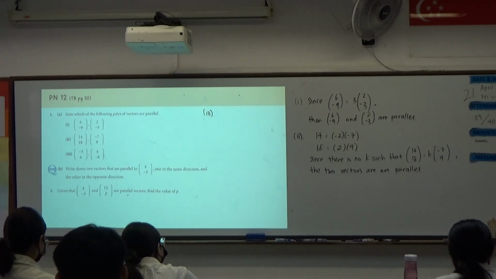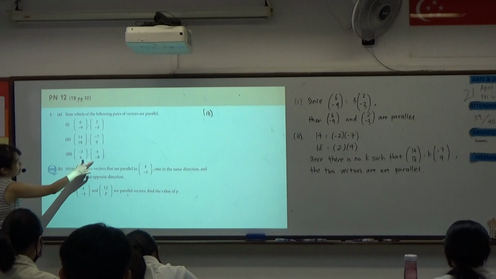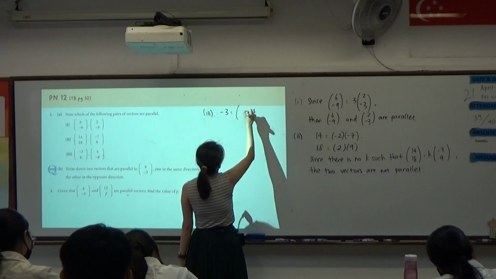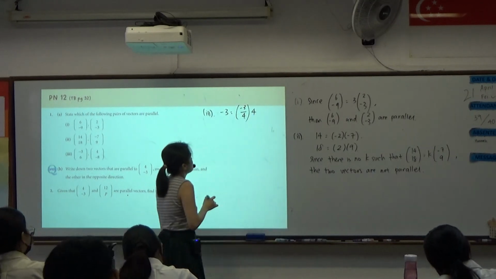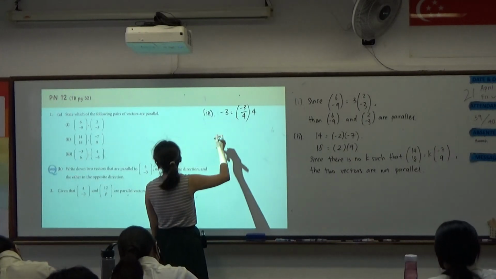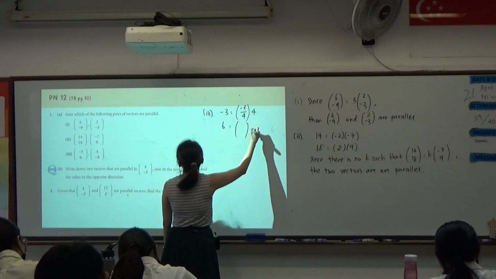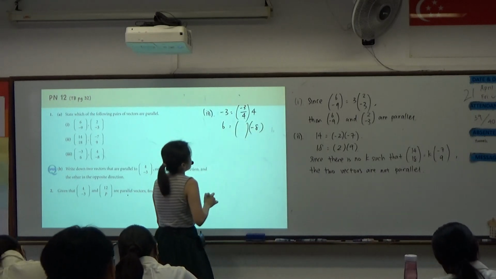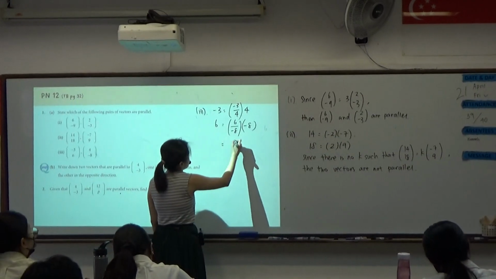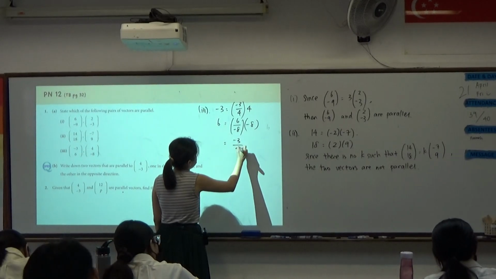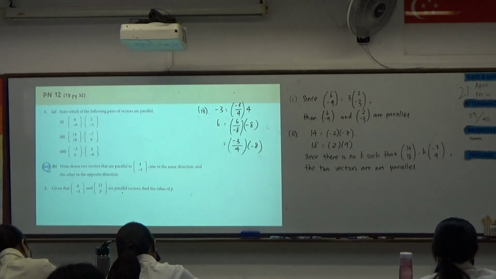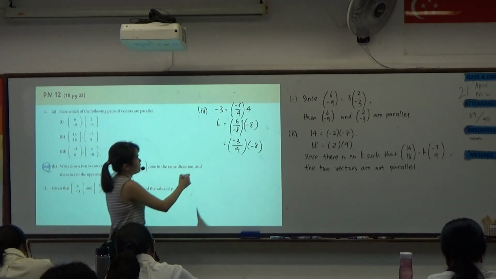Then for part 3, looking at -3, 6, and 4, -8. I can multiply 4 by -3 over 4 in order to get -3. And then for 6, I know that I can multiply -8 by 6 over -8, which also simplifies to -3 over 4.